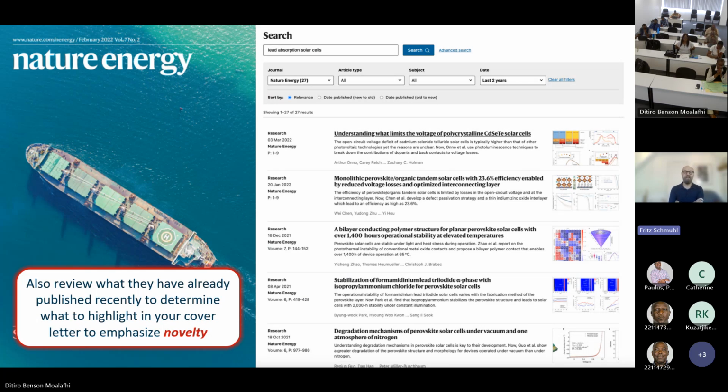Either your work is extremely novel, it's not been done before, and it will open completely new avenues in research for other people, or it could be that this is really not the focus of the journal, that the area that you are working on is not really covered by the journal. So it is important to really familiarize yourself to a very high degree with what the journal publishes on.